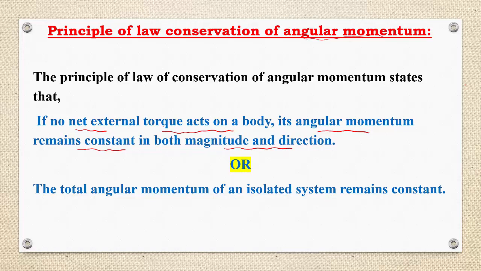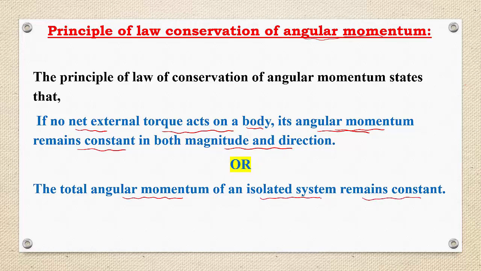If torque is not applied on a body, then there is no rotational motion. So its quantity of motion or angular momentum remains constant both in magnitude and direction. Or it can also be stated that the total angular momentum of an isolated system remains constant.